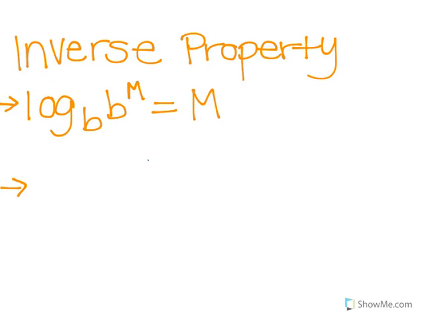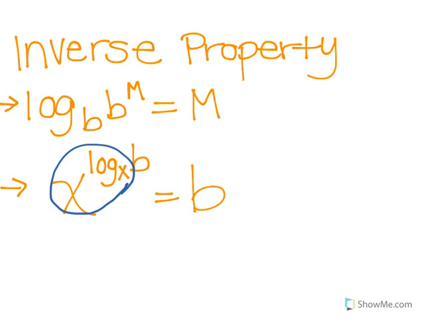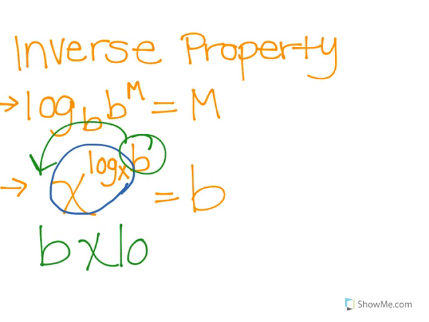The second part to this is if I was saying x to the power of a logarithm, so x to the log base x of b, this equals b. Similar to the one before, this cancels and the b flies down. So I take the b, it comes down in front, so I have b times log base x of x.